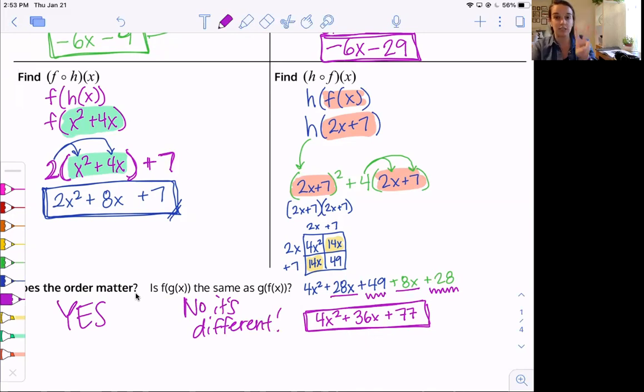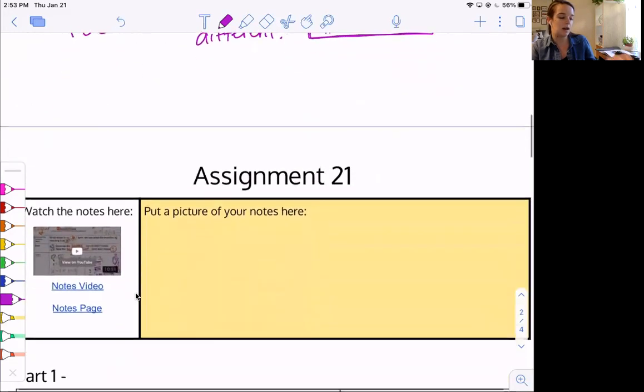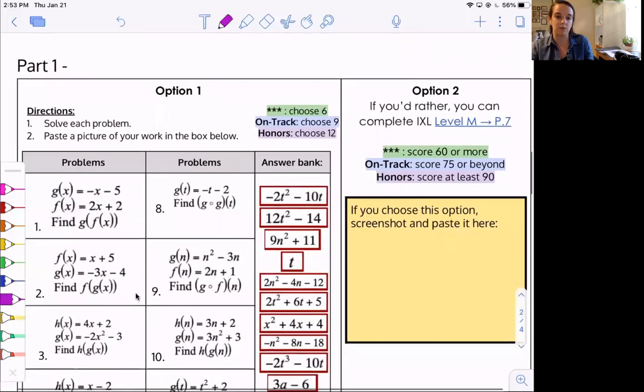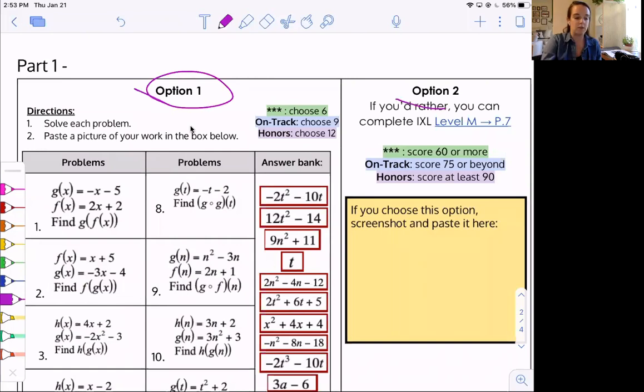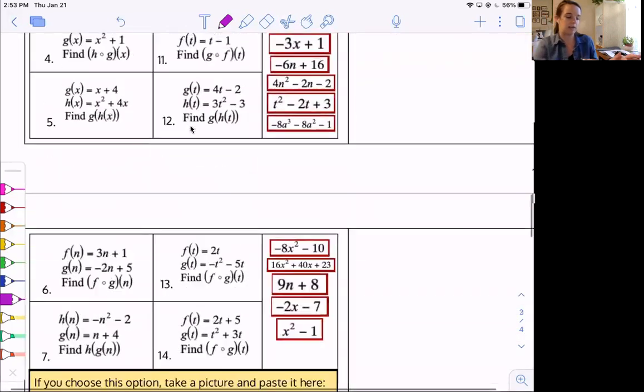Today, you just have two sections. The first one is either option 1 or option 2. So either paper version, if you want to do option 1, these are on paper. If you prefer computer, you've got option 2 for IXL, right? You can choose which one, and then you have your checkpoint as always.